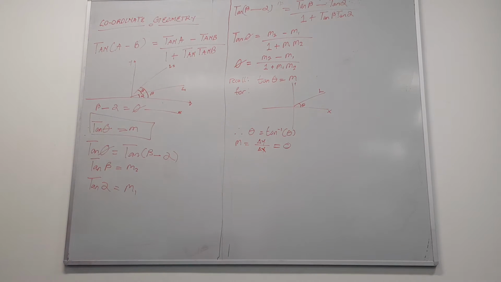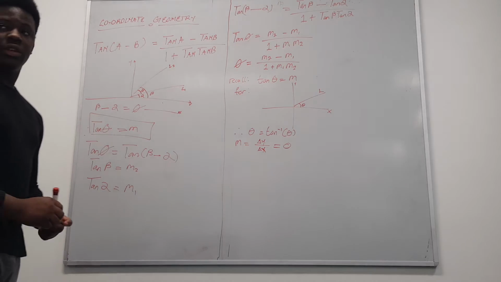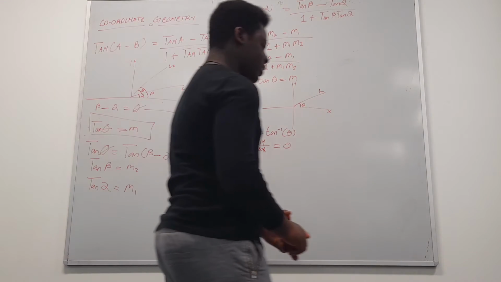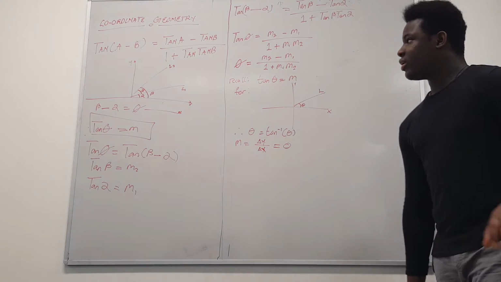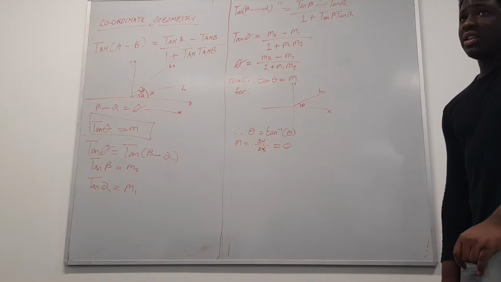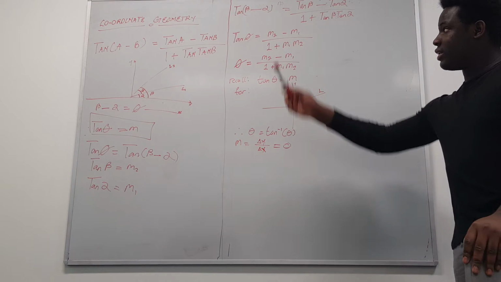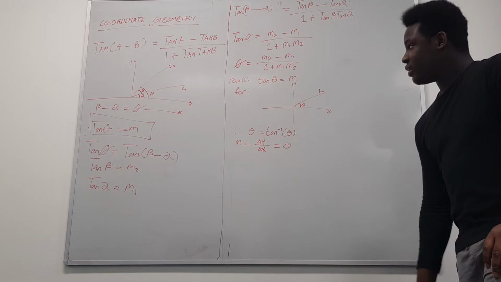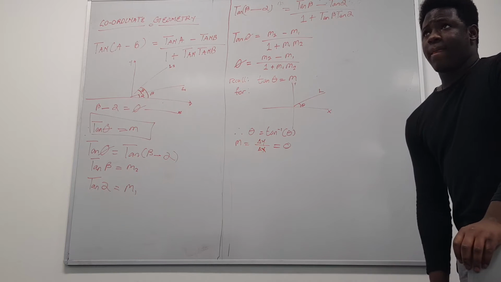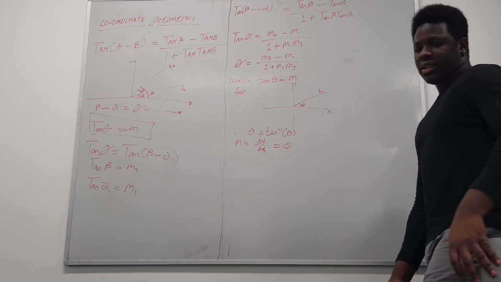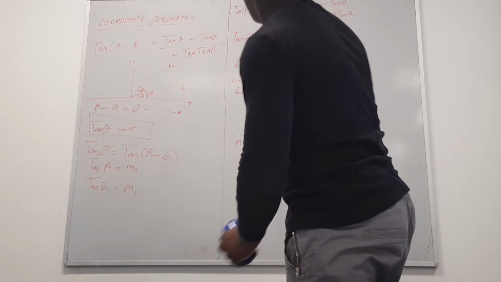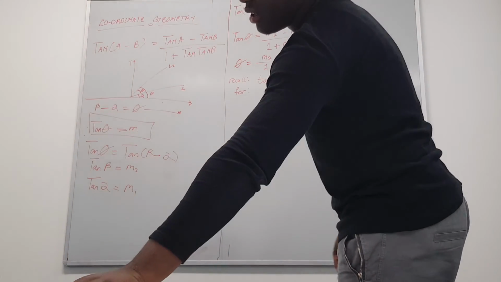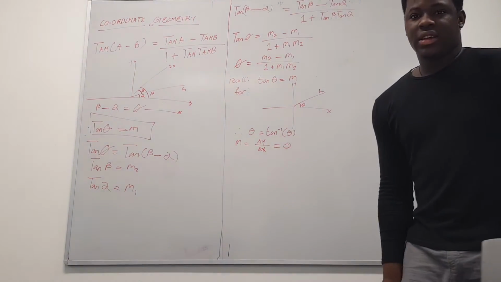Okay, so this is where I have to be careful, because I've already defined the angle between two lines, and here I redefined it. There's something about math, especially in physics actually.